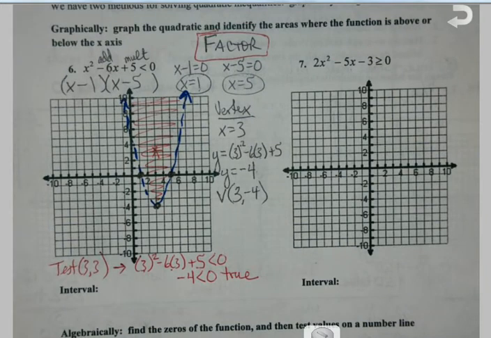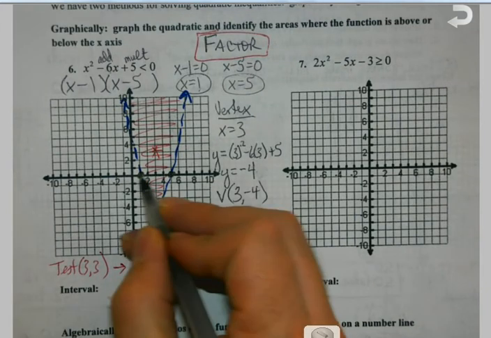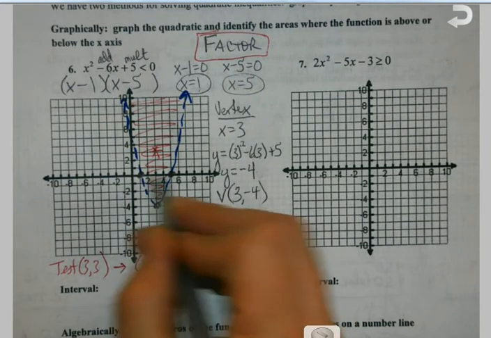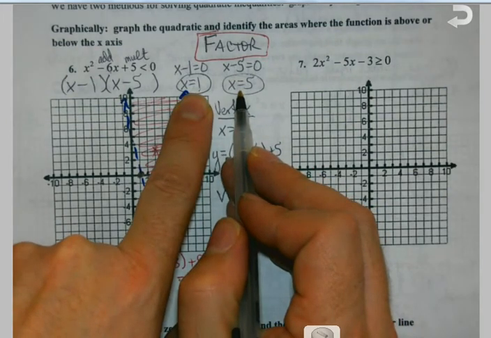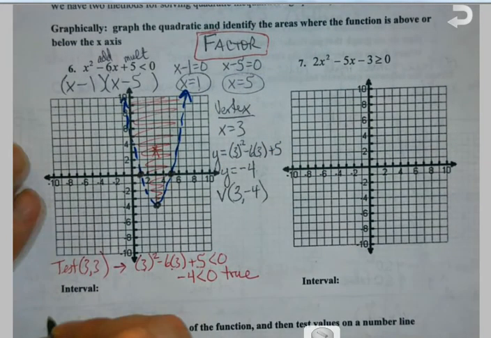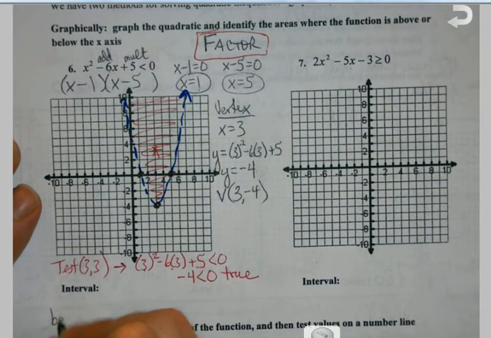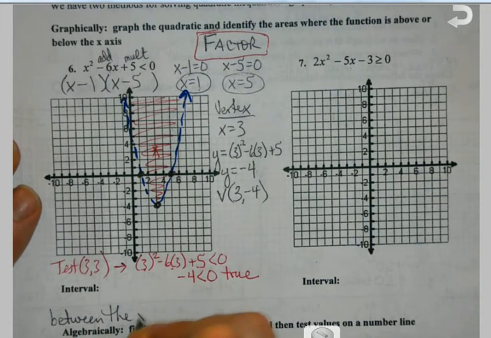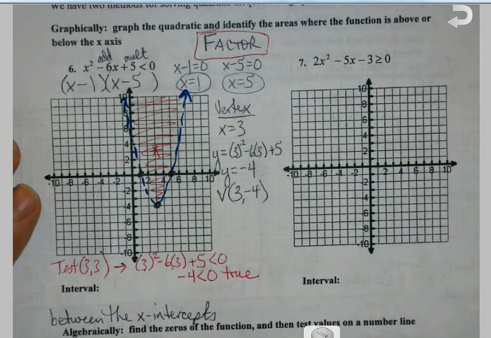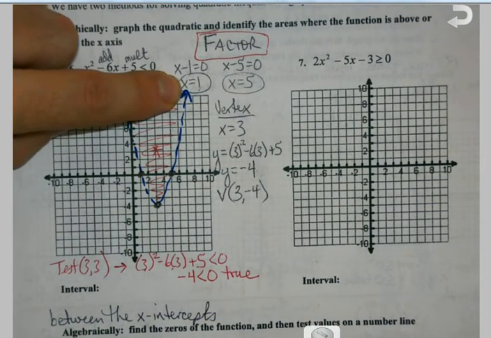In other words, we're looking for which intercepts my solution is between. So in this case, my interval notation is just going to be between the x-intercepts. So here's how that works. My leftmost intercept is at 1.